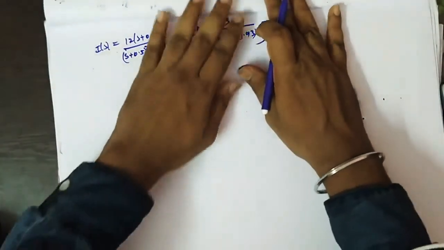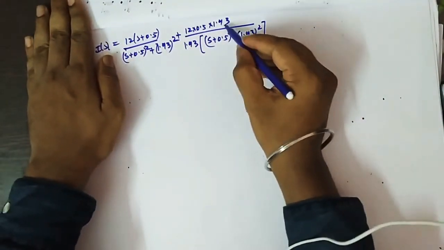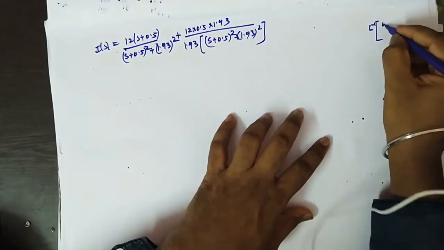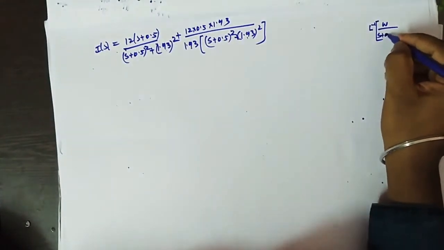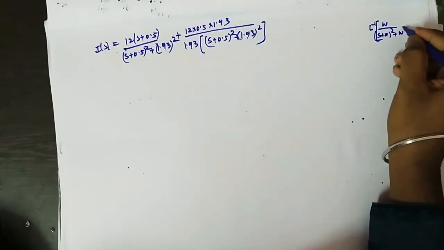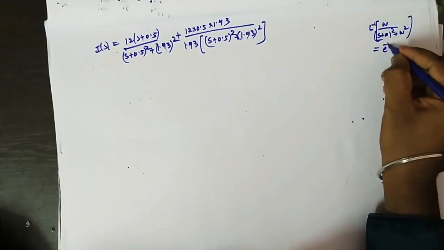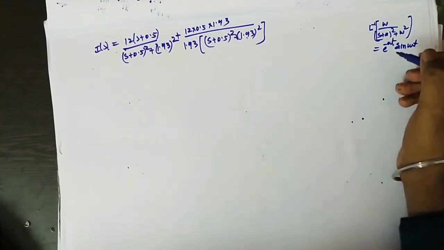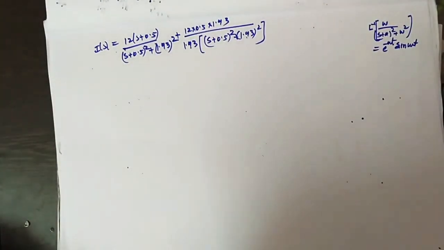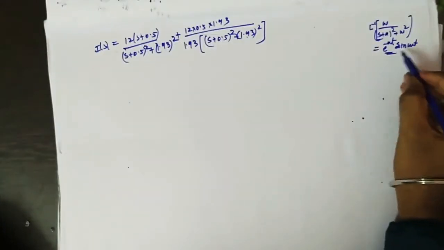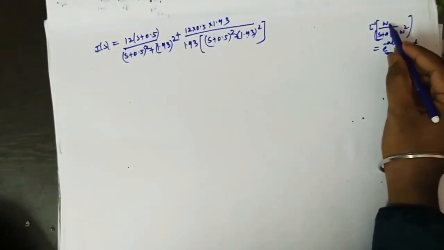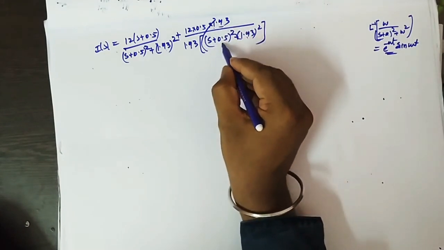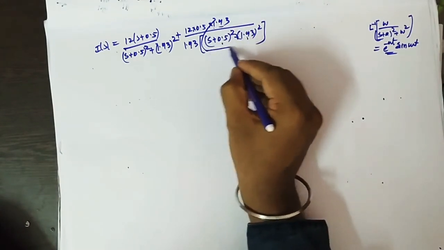Okay, we multiply and divide with omega. Why? We have the inverse Laplace of omega by s plus a whole square plus omega square equal to e power minus at sin omega t. So we need omega by s plus a whole square plus omega square.